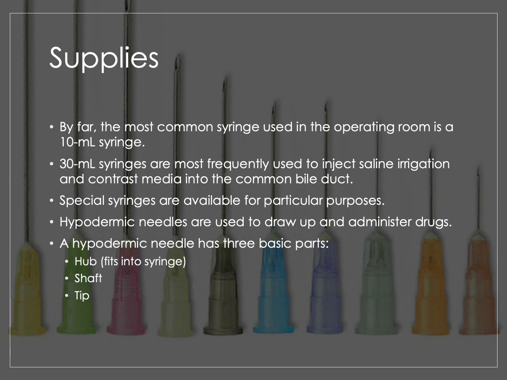So a 14 is going to be bigger than an 18, which is bigger than a 22. So as the numbers go up, the hypodermic needle is actually getting skinnier. It's a smaller gauge. So a 27 gauge needle is very, very small when we compare it to a 14 gauge, which is enormous.